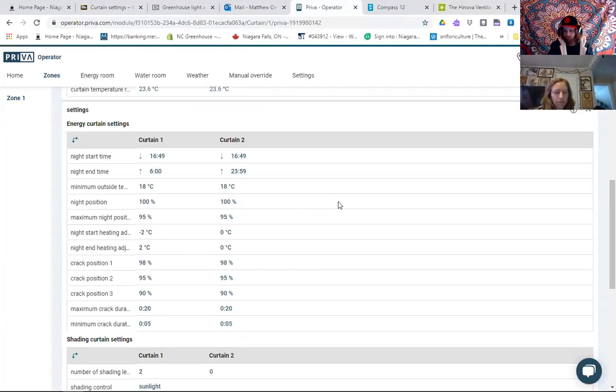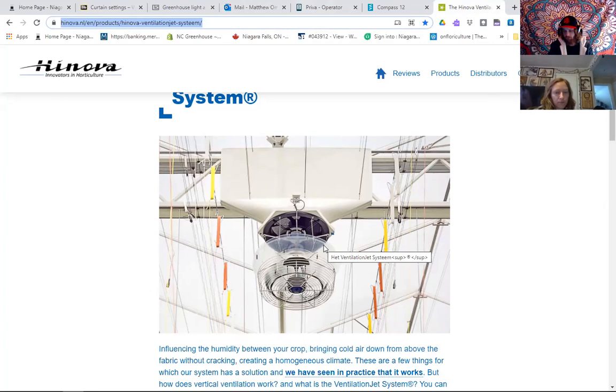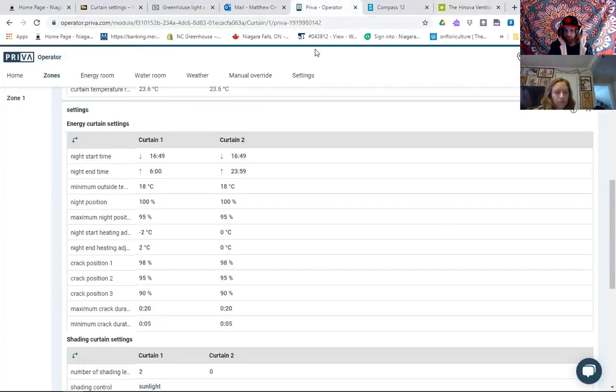Other ways that we can tackle that. Not everybody can afford new fans for a greenhouse. This greenhouse still has horizontal airflow fans, and we do tackle humidity levels when they get too high. So we can crack or gap the vents or the curtains, right?